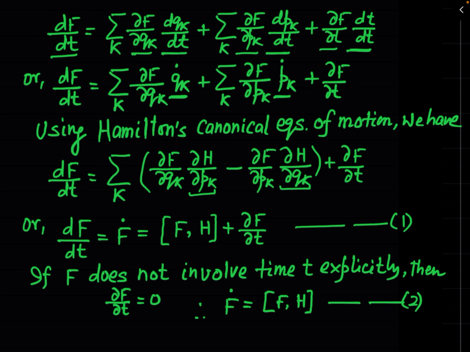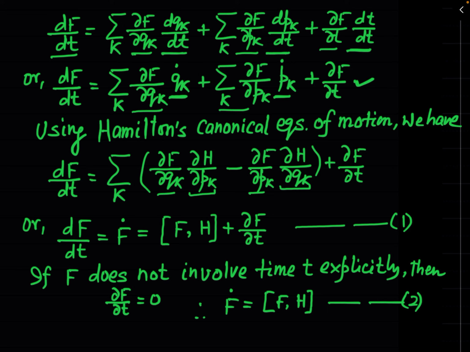So the right-hand side of the equation becomes: summation over k of del f by del qk times del H by del pk, minus del f by del pk times del H by del qk. I have taken the summation sign before the bracket because both terms contain the summation.